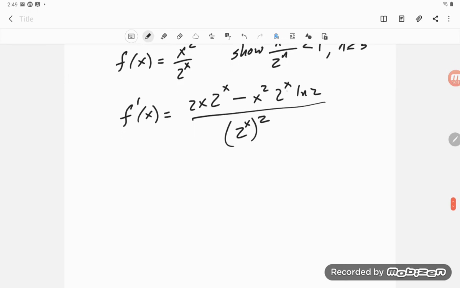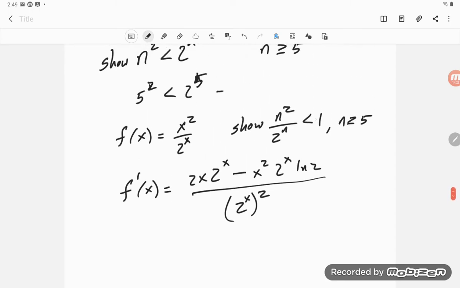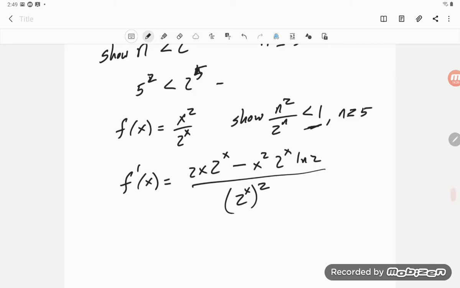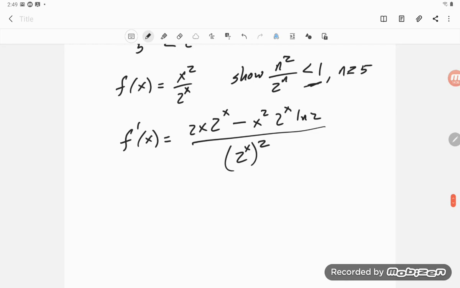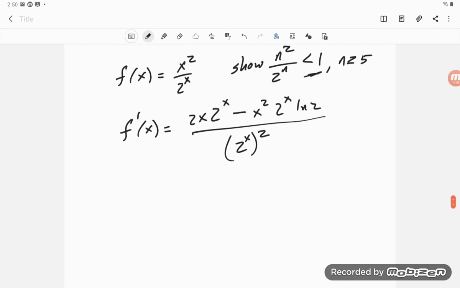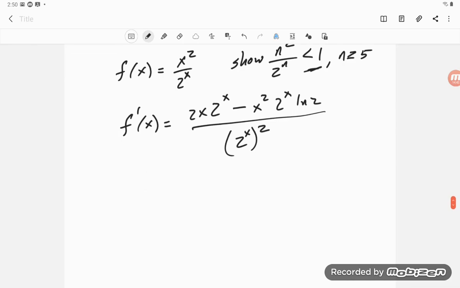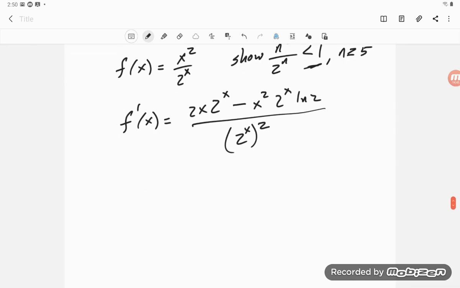Now, what I want to do is show that this derivative is negative. I'm starting with 25 over 32, a number less than 1. And if the derivative of that function is negative, it will only be decreasing, so I only get numbers less than 1.